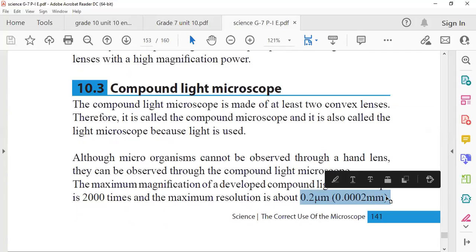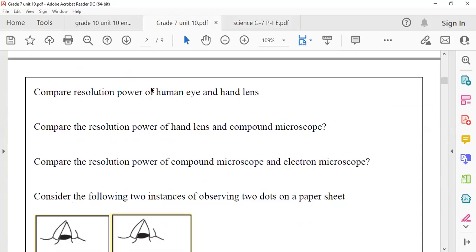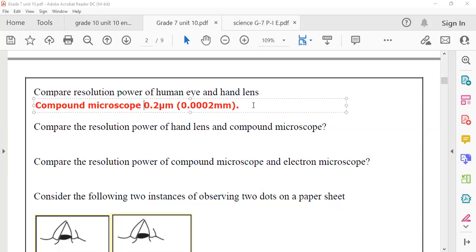Whose resolution power is 0.2 micrometer? The compound microscope's resolution. That belongs to the compound microscope.